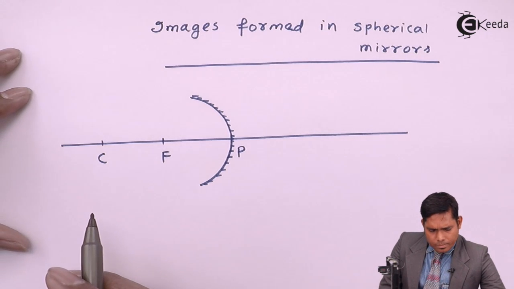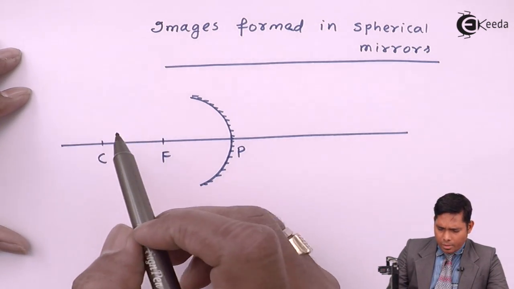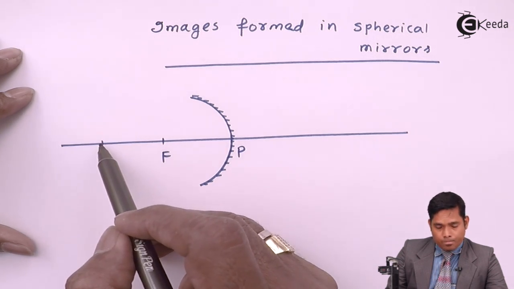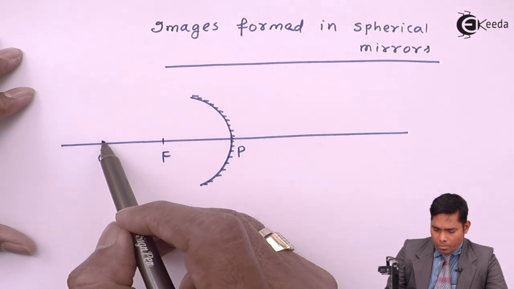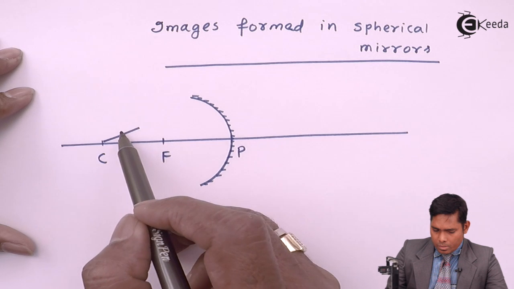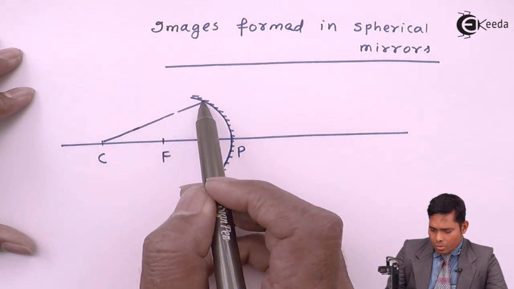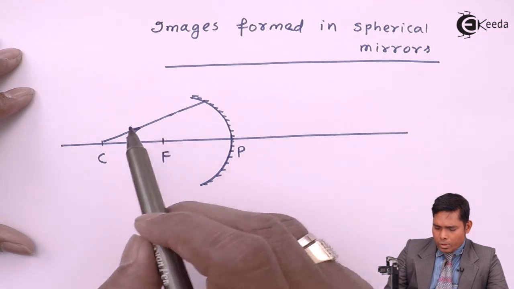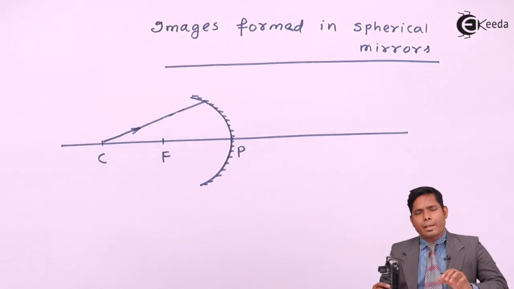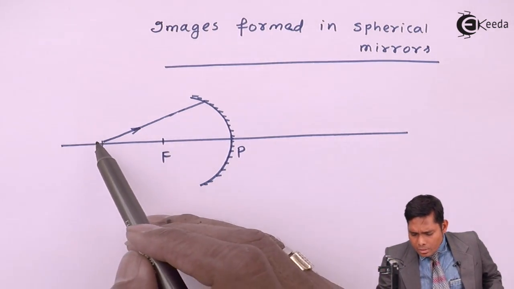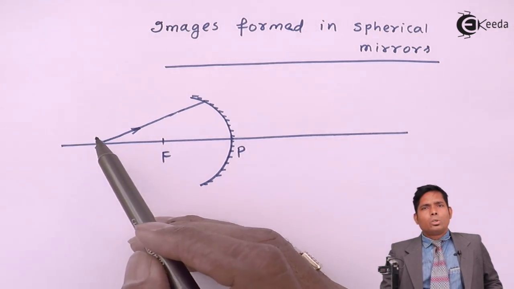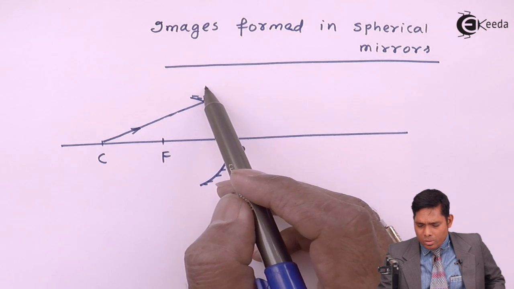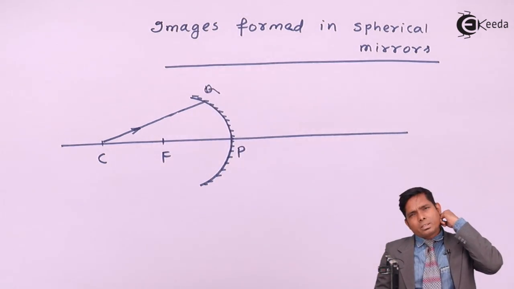If I consider one ray coming from a point object, from the center of curvature itself towards the mirror, then we know that any line joining the center of curvature to any point on the mirror, say P or suppose Q, is always a normal.